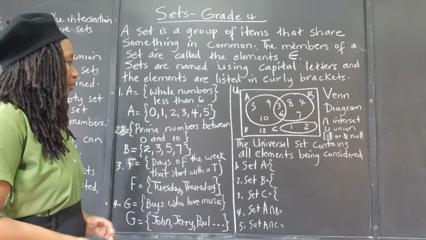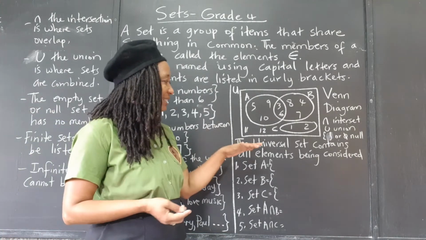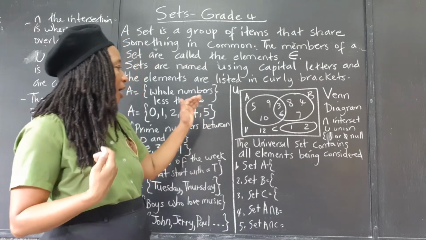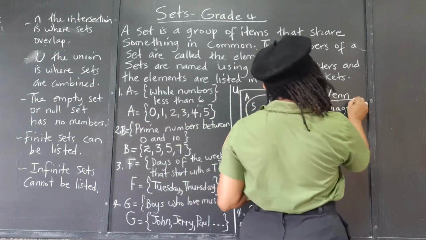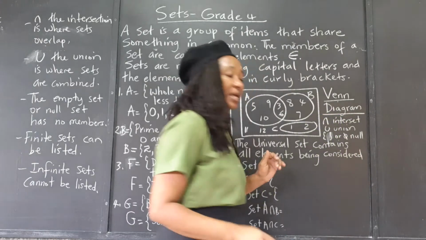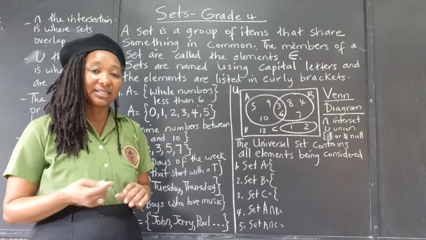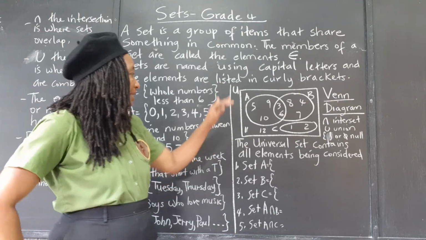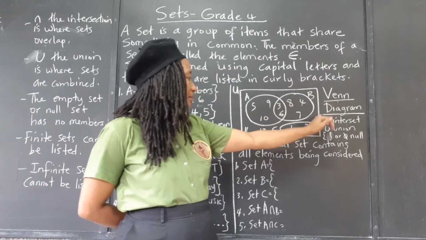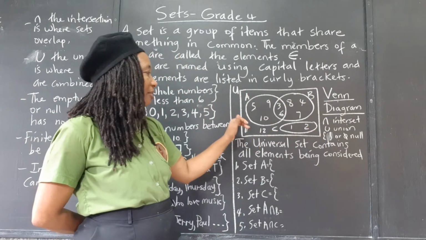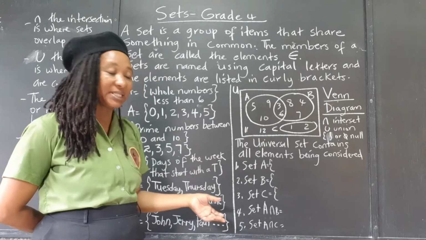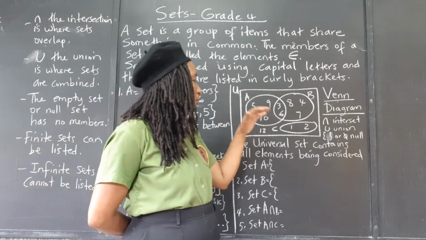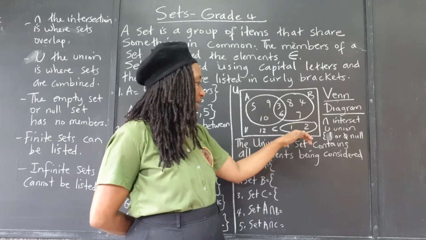Alright, let's continue. So with sets, here we have what is called a Venn diagram. The Venn diagram is what we use to represent sets. It's a rectangle, and within the rectangle we have the sets, or we say the subsets, the smaller segments.